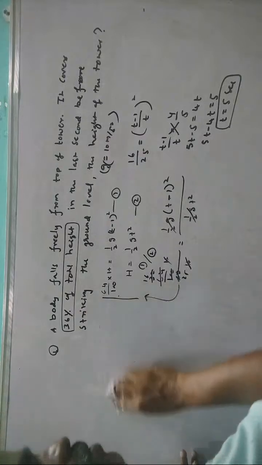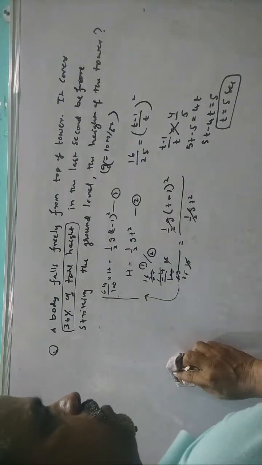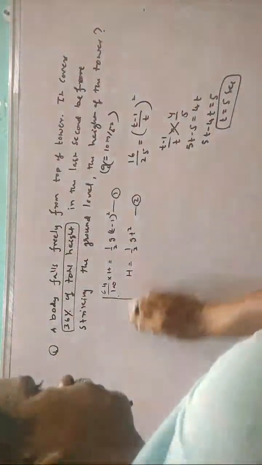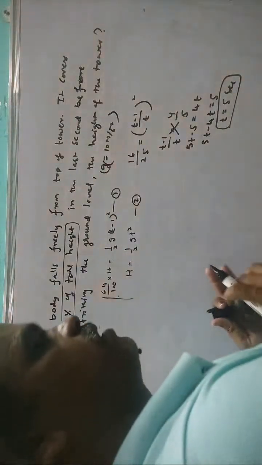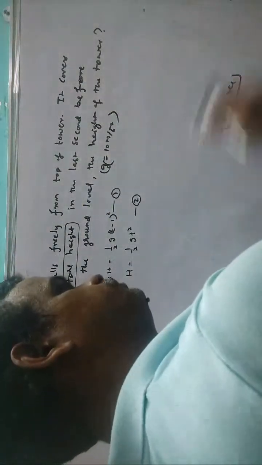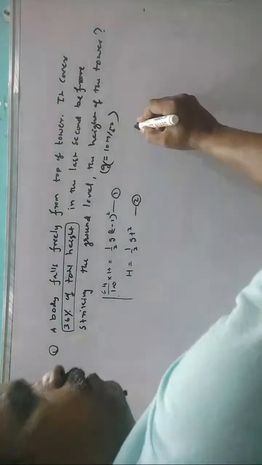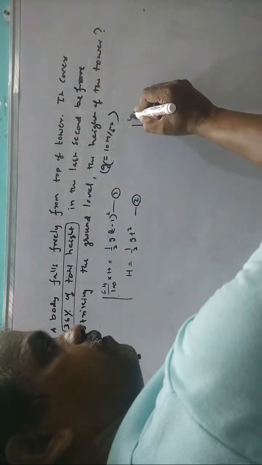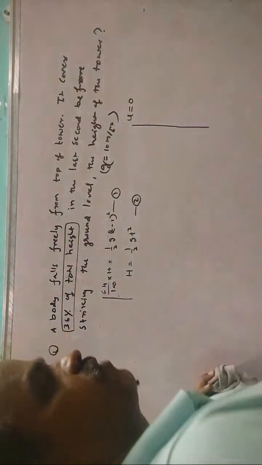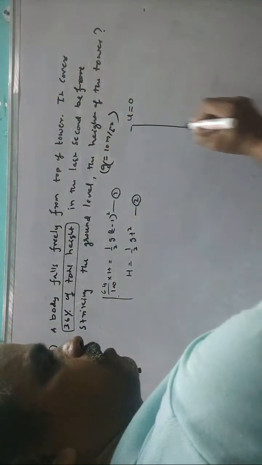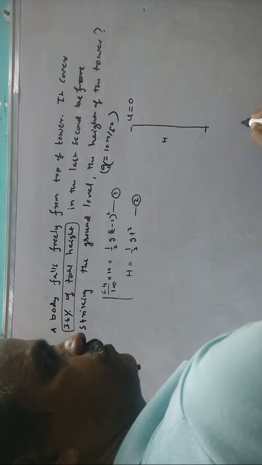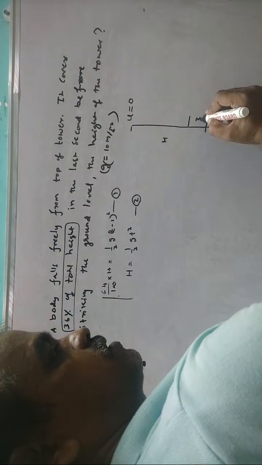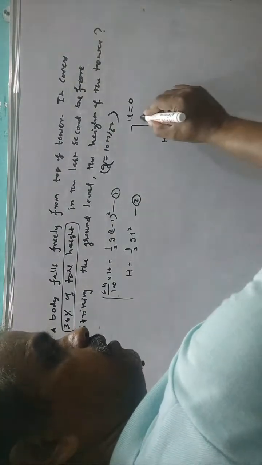Then I am substituting. Now I substitute in this equation. So what information did we get? See, a freely falling body. The height of the tower is h. In the last second, it covered 36% of height.